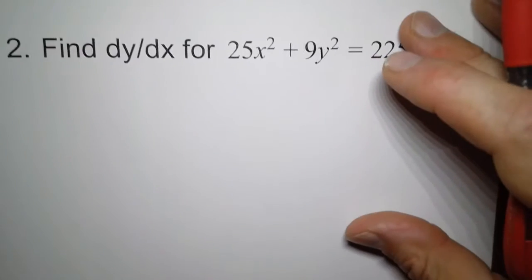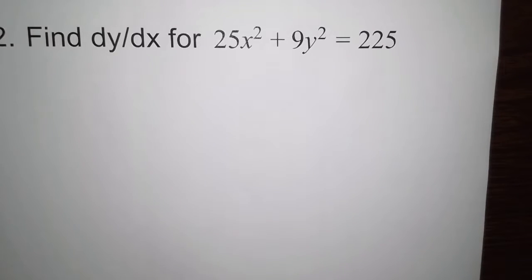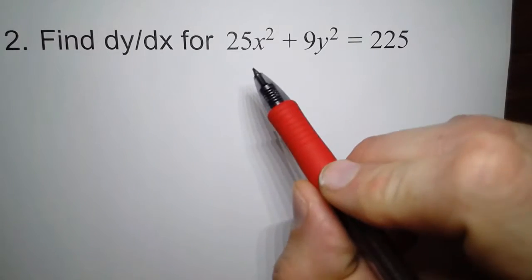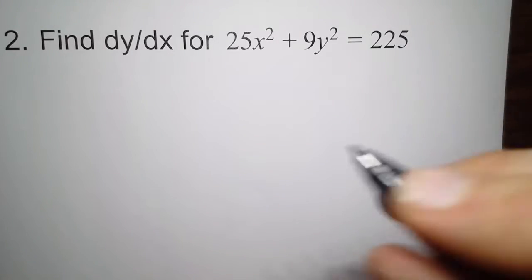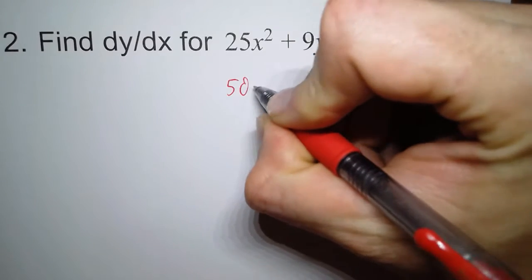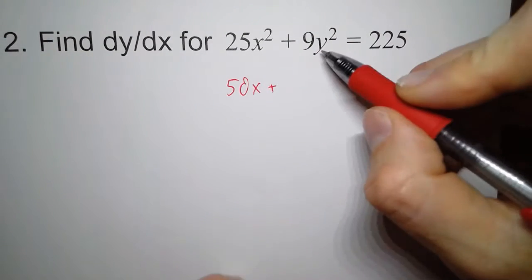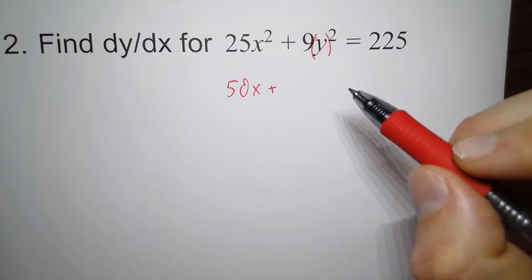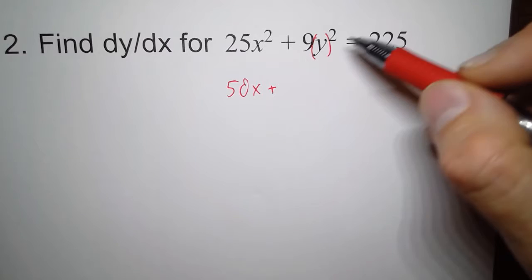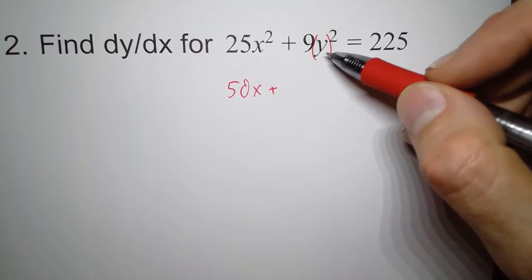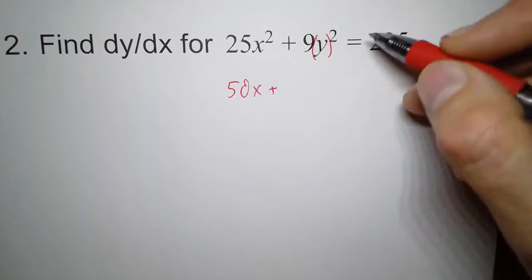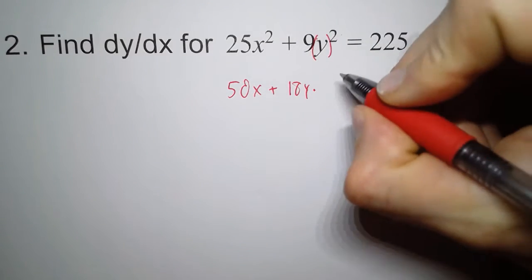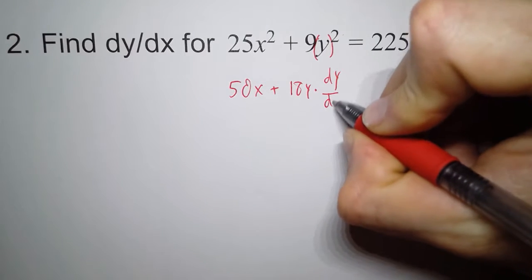With this one, this is an ellipse, also centered at 0, but it still works along the same idea. If we want to take the derivative, 25x squared becomes 50x, plus 9y squared. Again, we treat y as its own function, with y being the inside and the squared being the outside. So when something is squared, it becomes 2 times that, so 18y, and then we take the derivative of y, dy/dx.